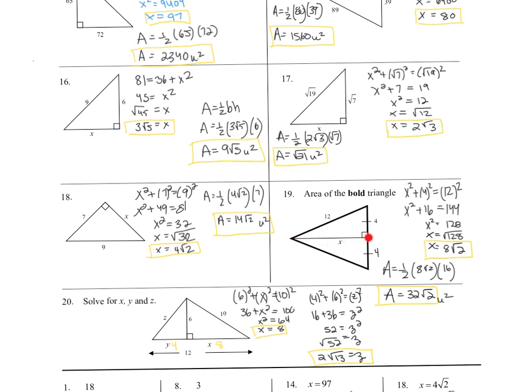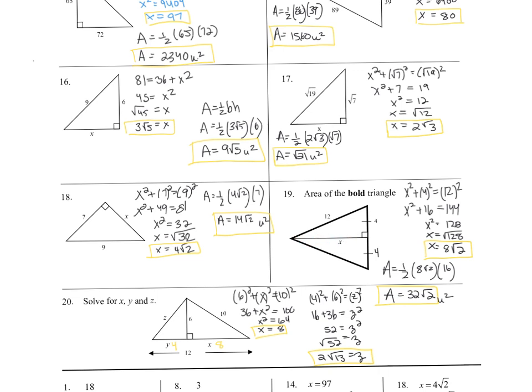And so I'm going to have x squared plus 4 squared is equal to 12 squared. Squaring both of those and then subtracting 16, we get x squared is equal to 128. When I square root, 128 is 64 times 2, which gives us x is equal to 8 times the square root of 2. And so that is right in here.